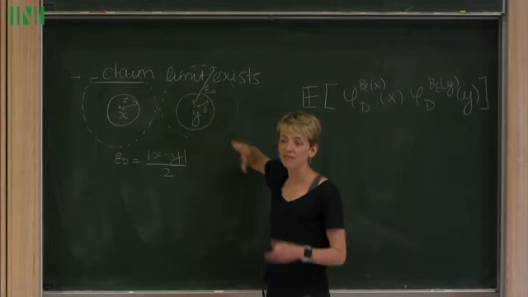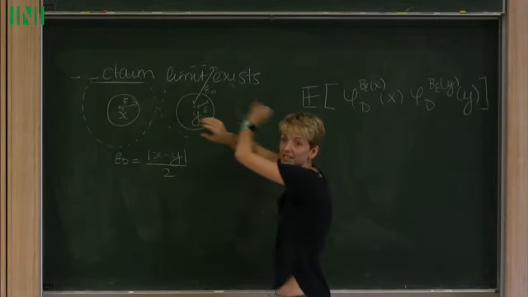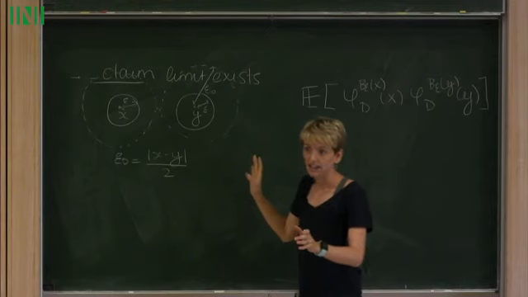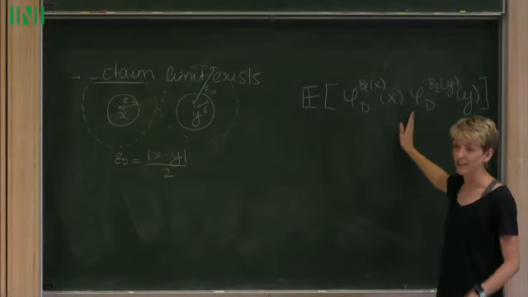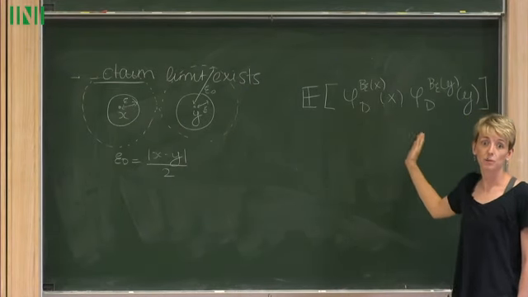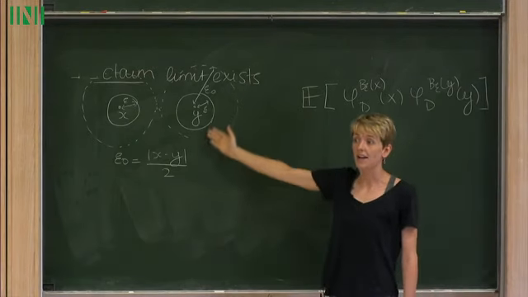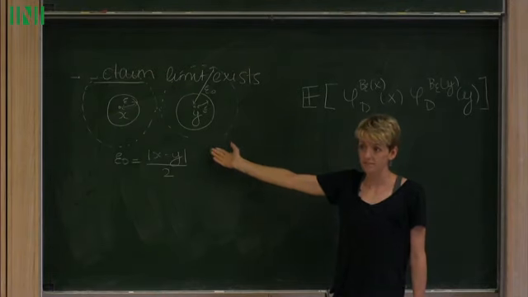And the point is that everything that happened in this second step in these two separate balls is completely independent. And so it doesn't contribute anything to this expectation here. And so in fact this expectation can be rewritten as an expectation which depends only on epsilon 0 and not on epsilon at all. Okay?